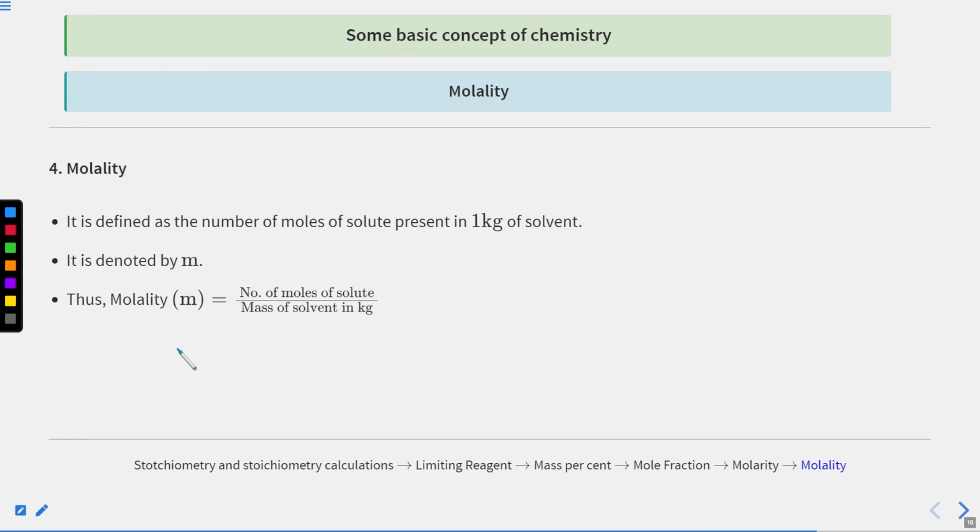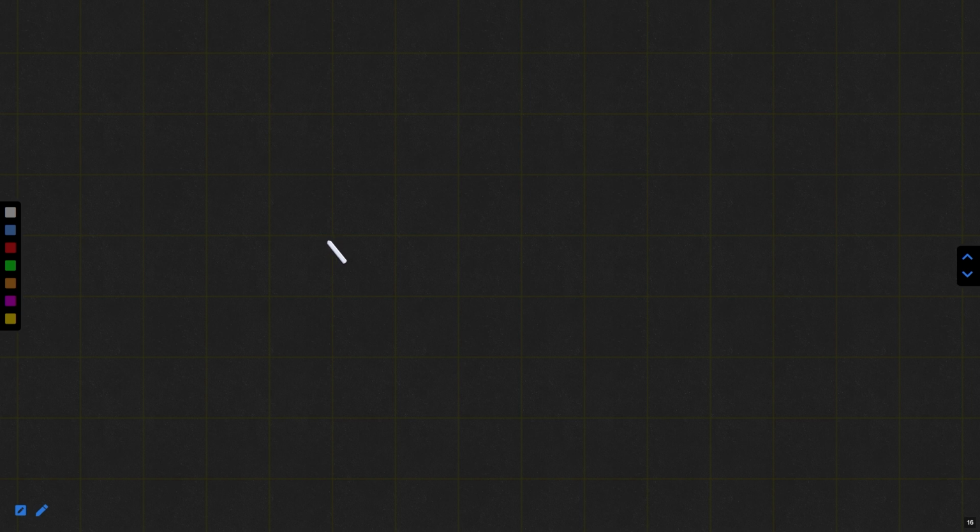Next is, what is molality? It is the number of moles of solute dissolved in 1 kg of solvent. This is a very important point, because students make the mistake of taking the mass of solution rather than the solvent.